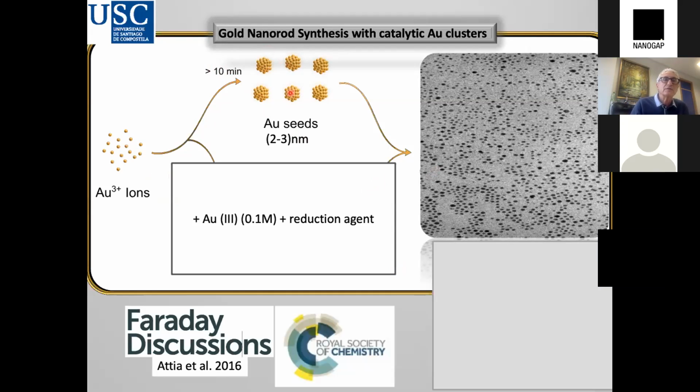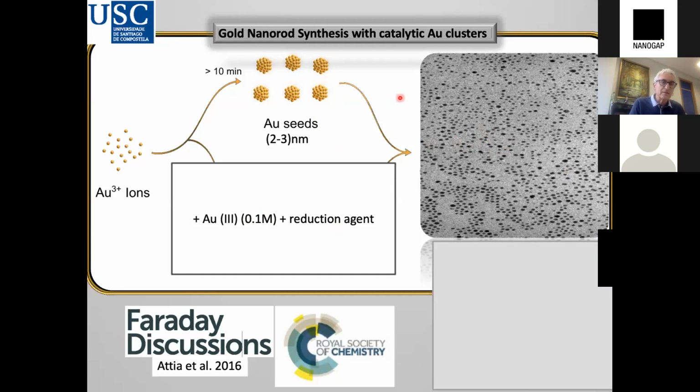So when you have these very small nanoparticles in the system, then you can put in more gold and reduction agent, and then you form spherical nanoparticles, very well dispersed because you make the reaction over these seeds.